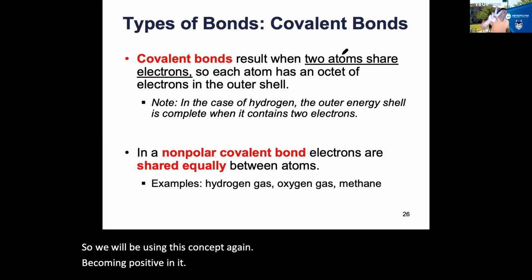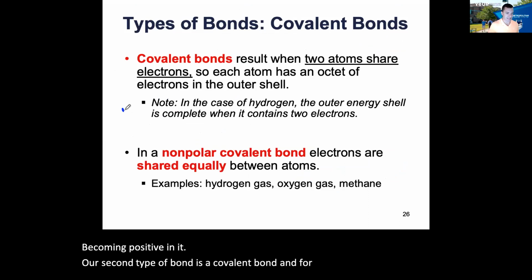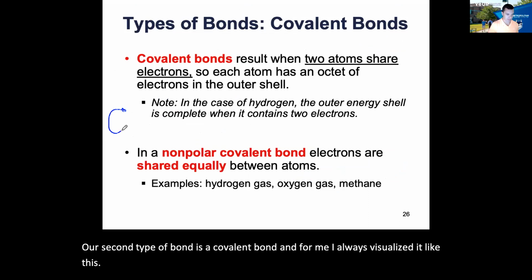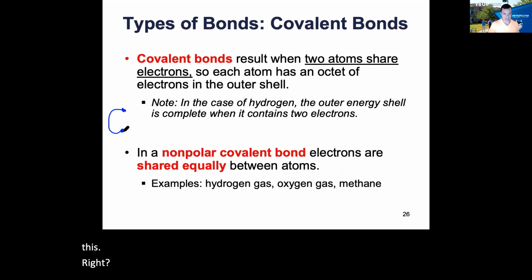Our second type of bond is a covalent bond. And for me, I always visualize it like this. The two ends, my electrons, are connected to one another. So they're sharing the love.